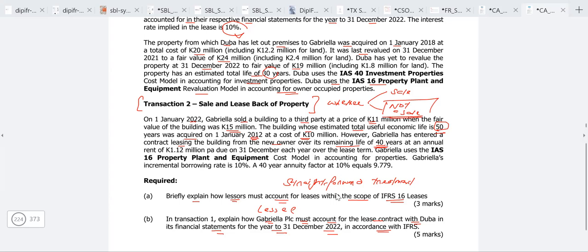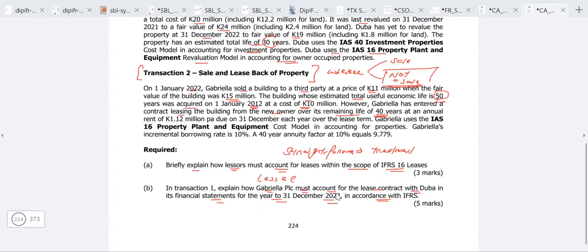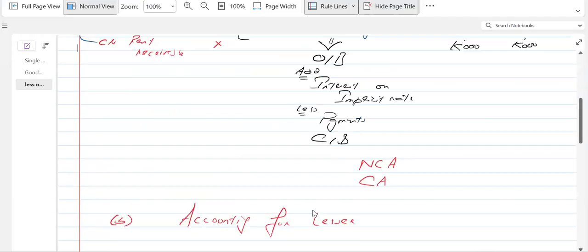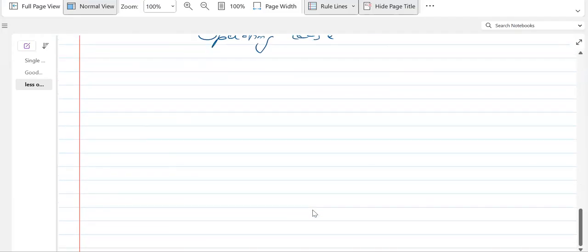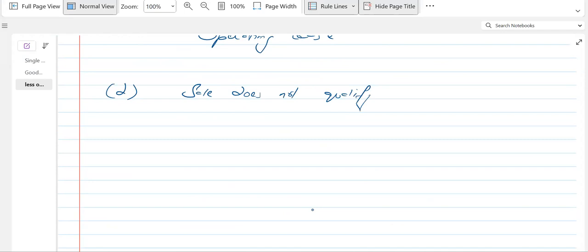So in this case, the treatment, which is the D part, is: sale does not qualify the criteria as per IFRS 15.